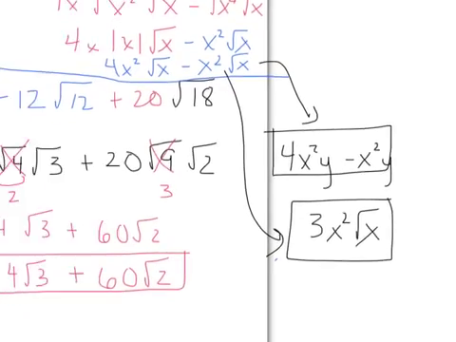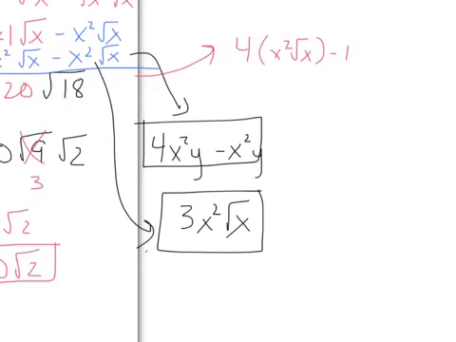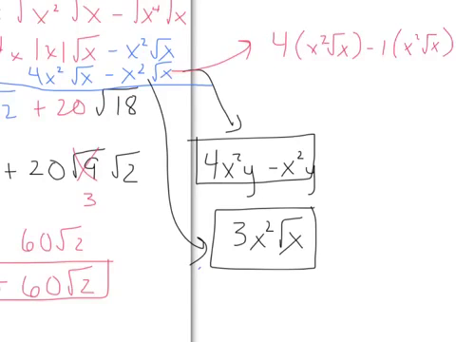Another way to think about it. Think of this as 4 times parentheses x squared root x, minus 1 times x squared root x. Does that make it easier, actually? The associative law of multiplication says that you can introduce parentheses anywhere if you have grouping, right?